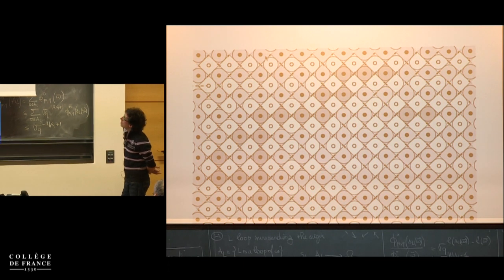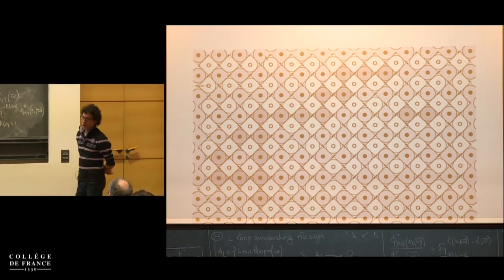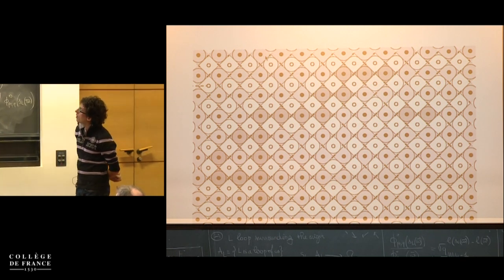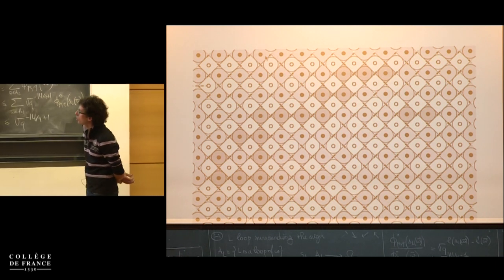Very well. How many loops do I have that are surrounding the origin with length L? Every single time I have 2 choices. Why did I put 3? Well, 2 choices.